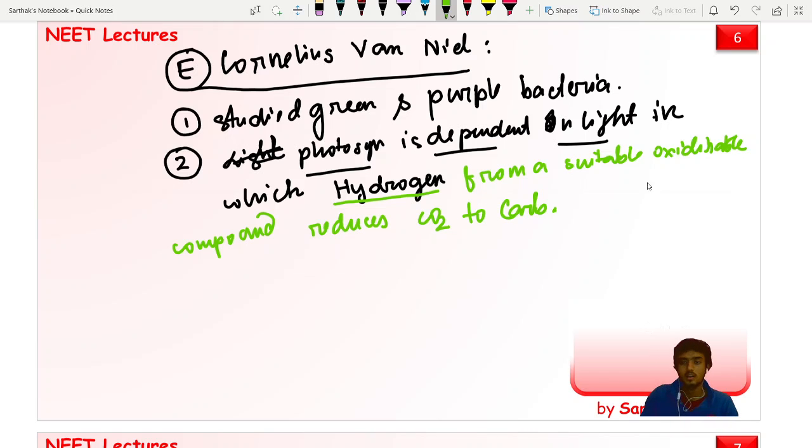And this suitable oxidizable compound mostly is H2O.